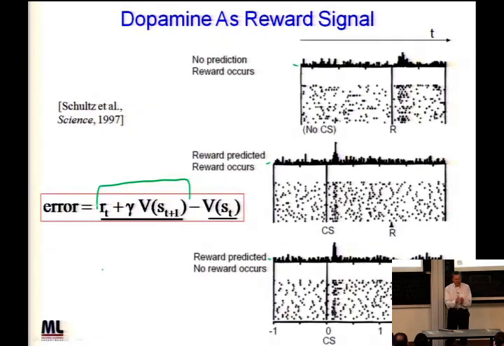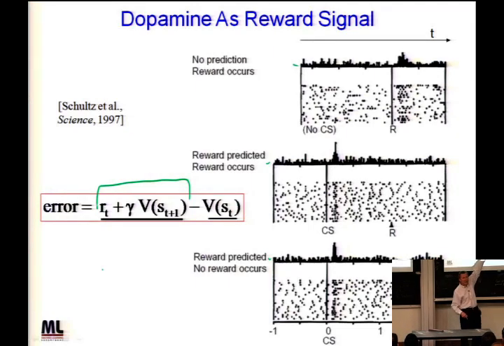But now at t plus 1, it has the same low expectation for the future, but that plus the observed reward that it just received is the signal it should use to update the state right before it received. And that's what this signal is. And that's what the histogram on the top panel is.